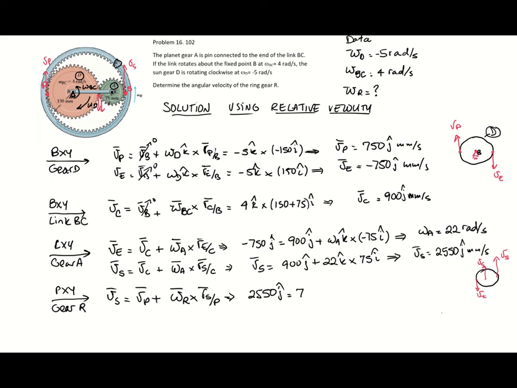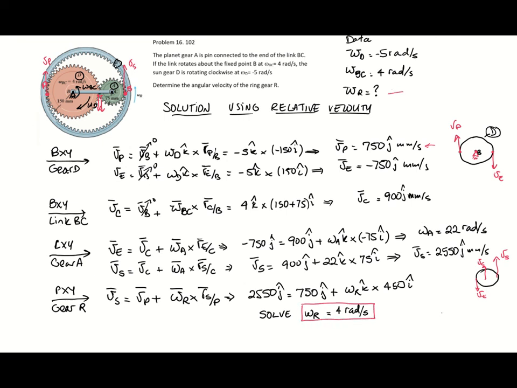Then 2550 j equals 750 j plus angular velocity of R in k cross the distance, which will be 150 plus 150 plus 75 plus 75, that's 450 i. All those values are positive, so I solve for the angular velocity of R, and I get that this angular velocity is 4 radians over second. And that's the result we were looking for.